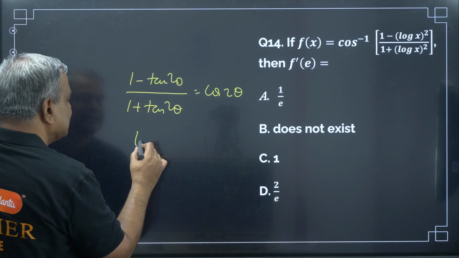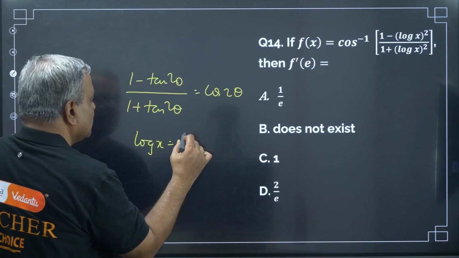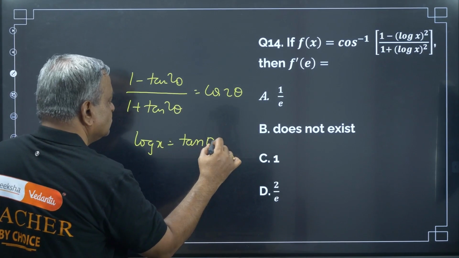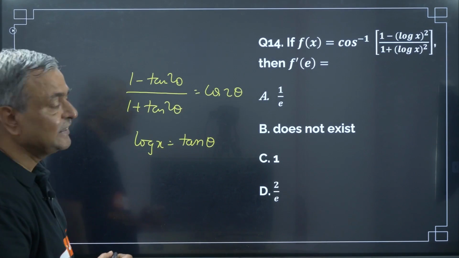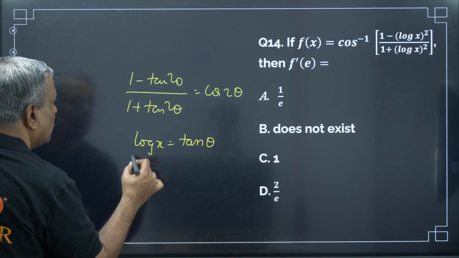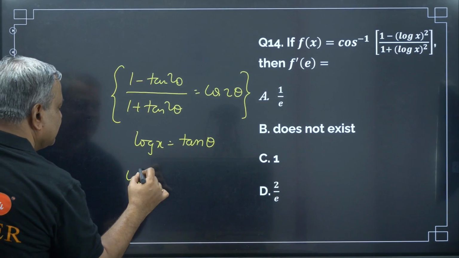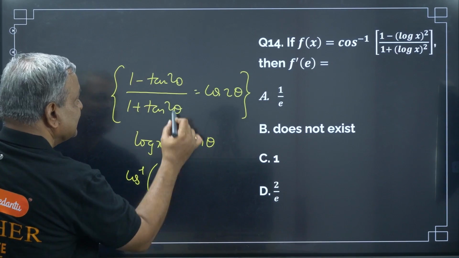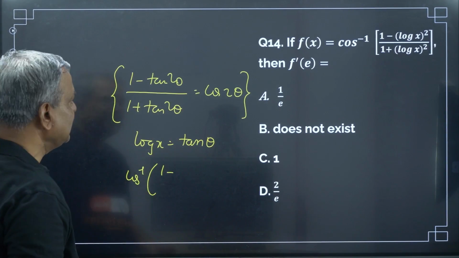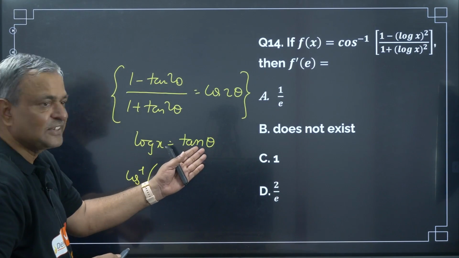So log x is equal to tan theta. Log x equal to tan theta. So what you will get now? This is the concept. So we get cos inverse of 1 minus, instead of tan square theta you are writing log x, you are writing as tan square theta.